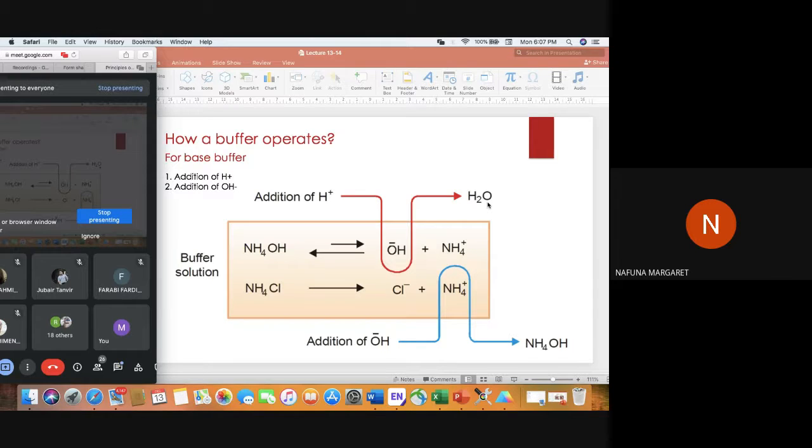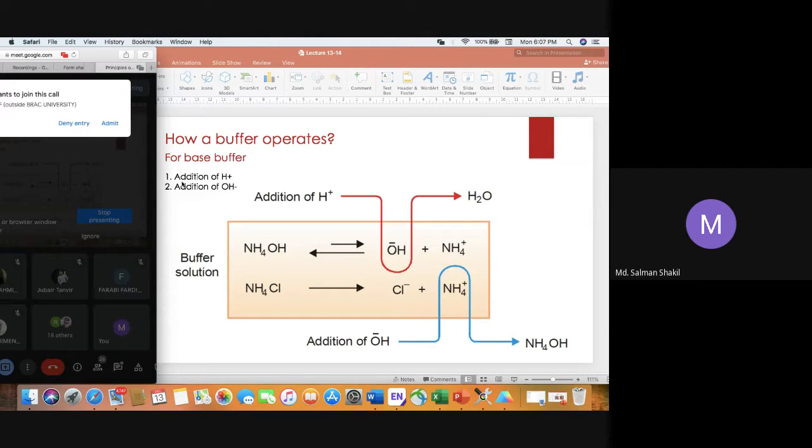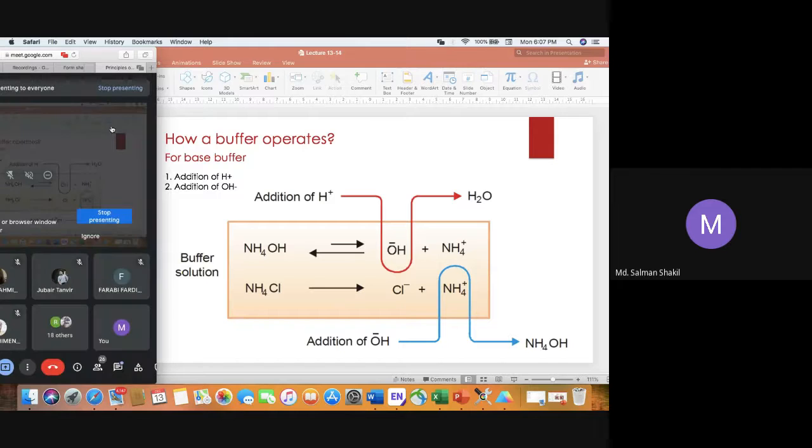Sorry, you had a poor connection, so I did not hear what you were saying. Okay, let me repeat. First of all, this reaction is happening in aqueous solution, so in the presence of water. Ammonium hydroxide and ammonium chloride are dissolved in water. Say in this solution there are 5 million water molecules.